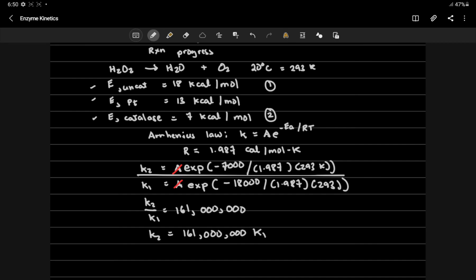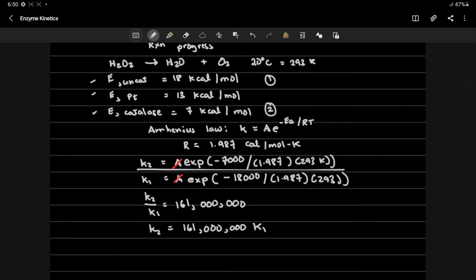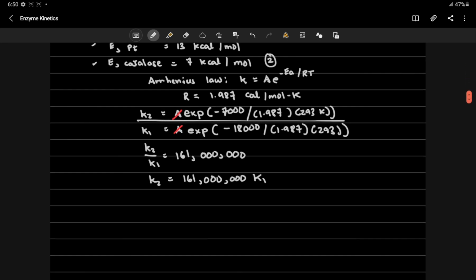That's their difference in terms of activation energy. So, 11 kilocalories difference resulted to the fact na mas mabilis ng 161 million times si catalyzed reaction kay uncatalyzed reaction. So that basically is how enzymes work. They lower the activation energy.